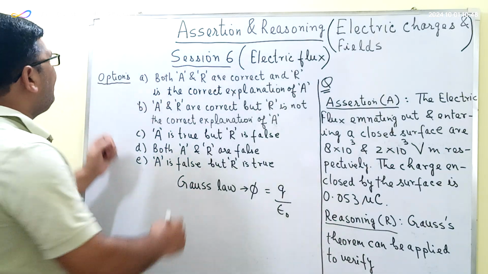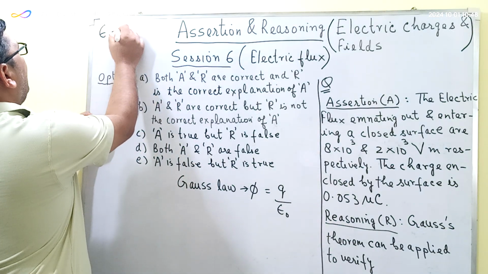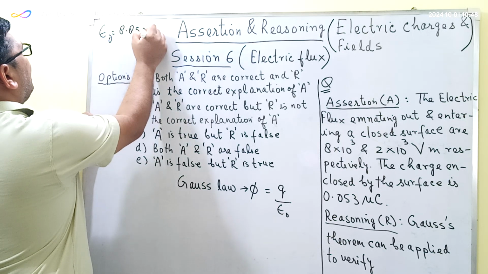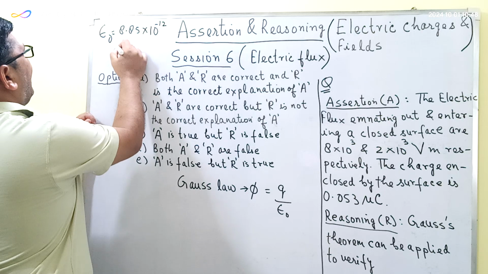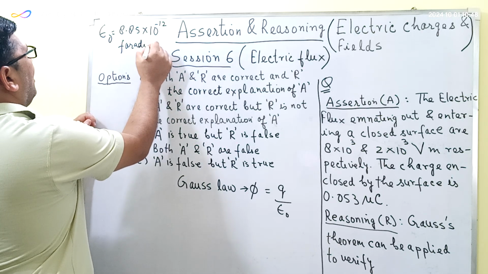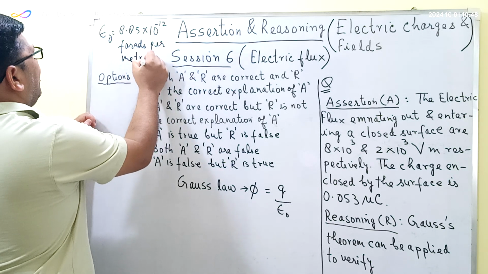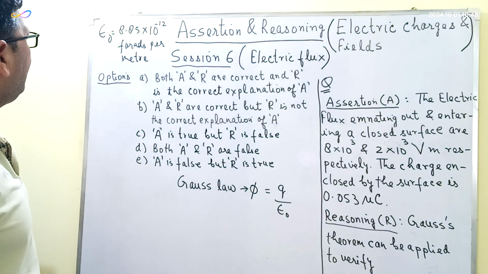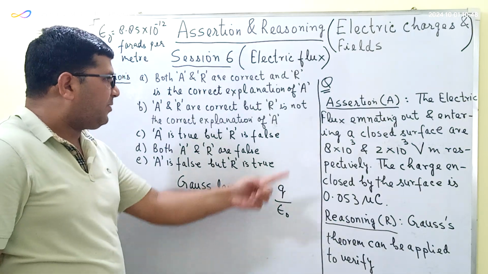The value of the permittivity of the free space is equal to 8.85 into 10 to the power minus 12 farads per meter.